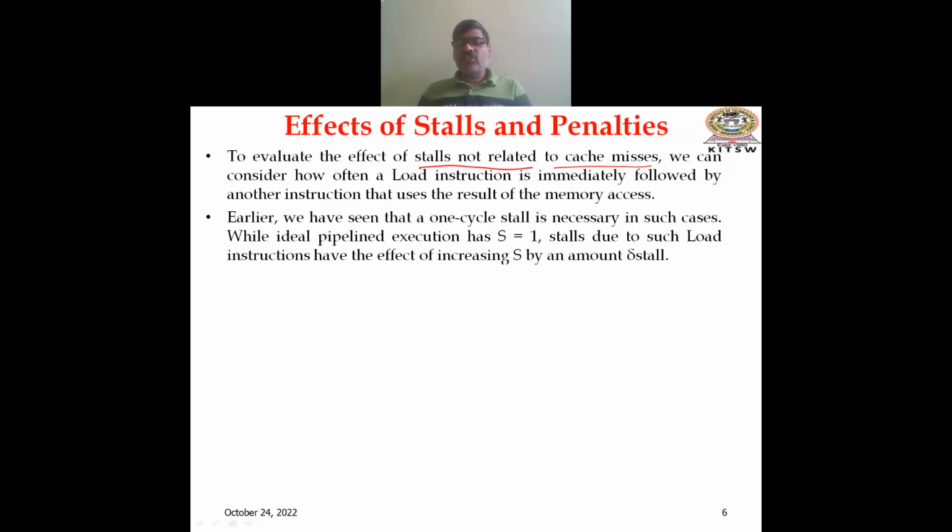Earlier, we have seen that one cycle stall is necessary in such cases. While ideal pipeline execution has S equal to 1, stalls due to such load instructions have the effect of increasing S by an amount of delta stall.